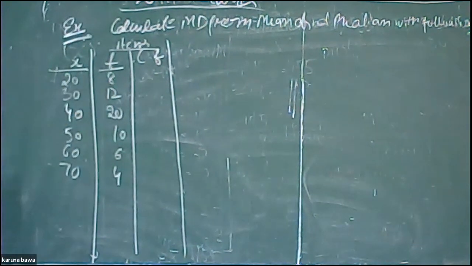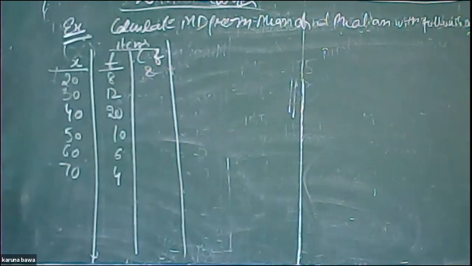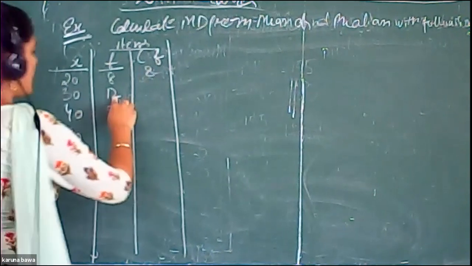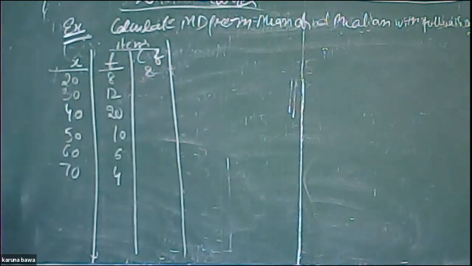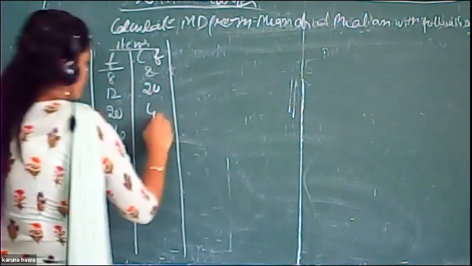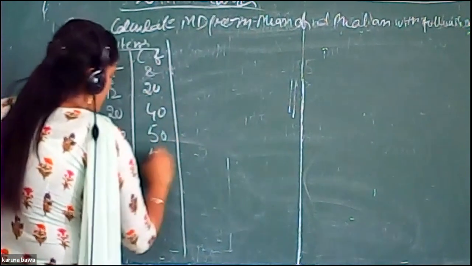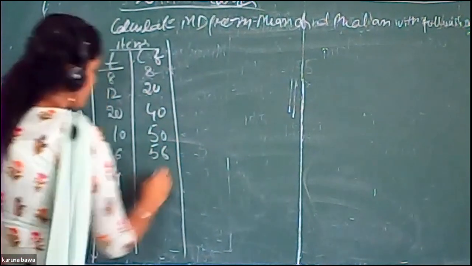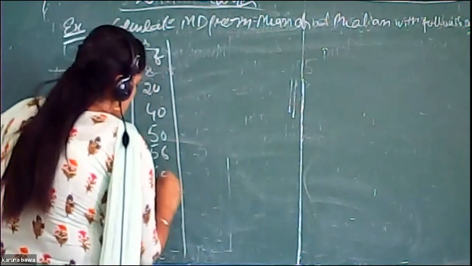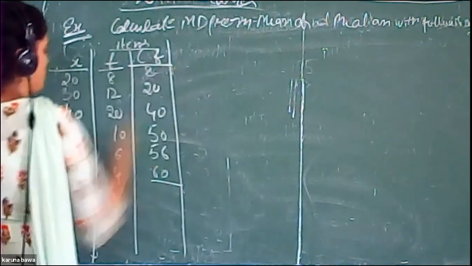The first term is 8. After that, the second item, 12 plus 8 is equal to 20. 20 plus 20 is equal to 40. 40 plus 10 is equal to 50. 50 plus 6 is 56. 56 plus 4 is 60. Basically, this is the cumulative frequency.